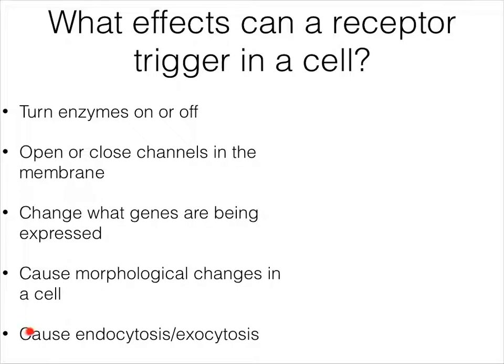Receptor effects can also cause endocytosis or exocytosis. Exocytosis, you're all very familiar with how nerves work. The binding of the receptor triggers a cascade of events.